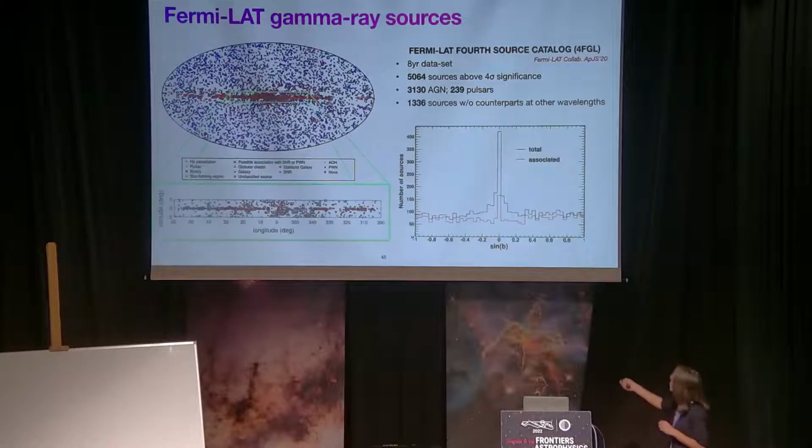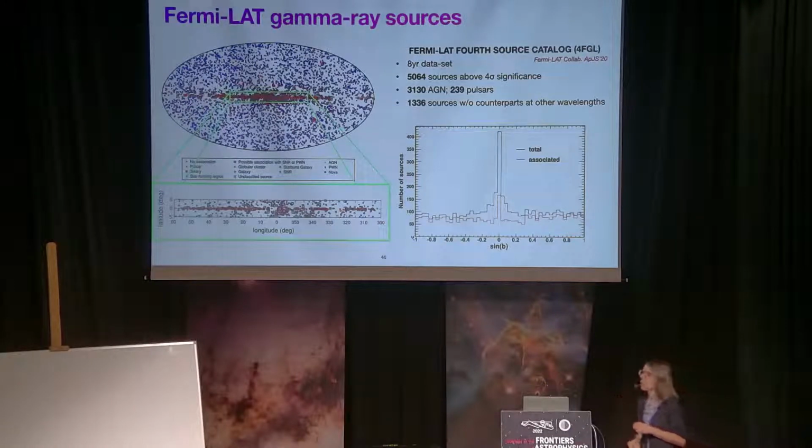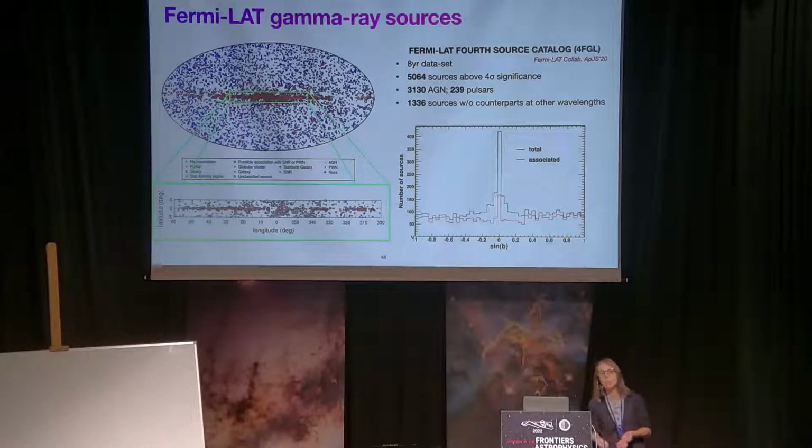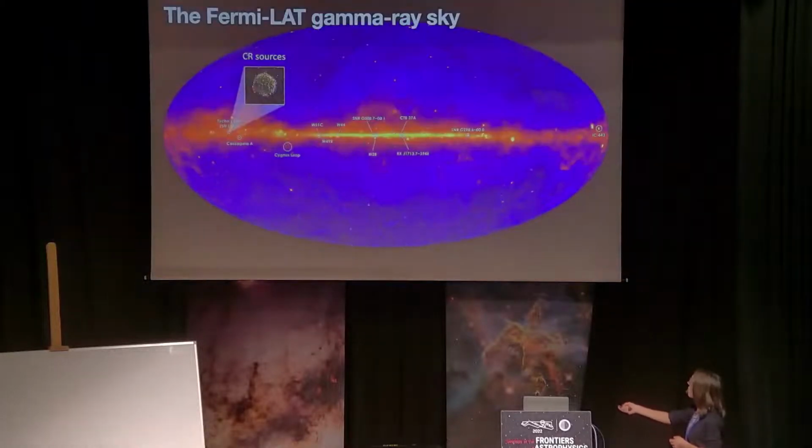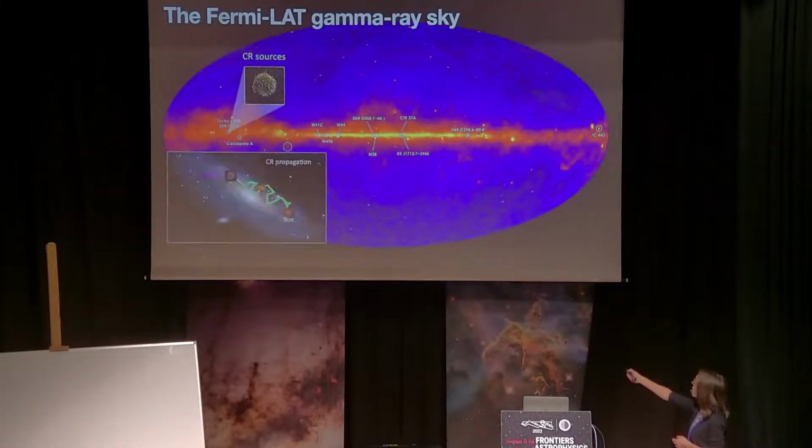The unassociated sources are mostly located along the galactic disk, because in the galactic disk it's much more difficult to identify a point-like gamma ray emitter, because you have this very bright emission from the galactic disk itself. So how can you identify point sources in this kind of mess here?